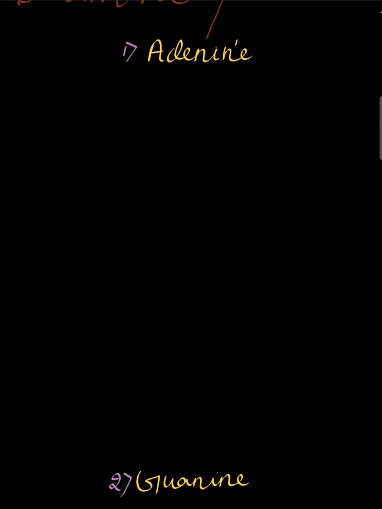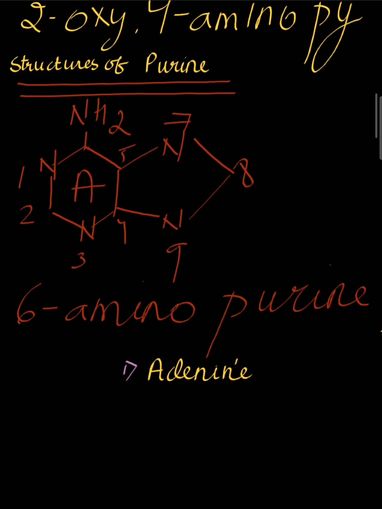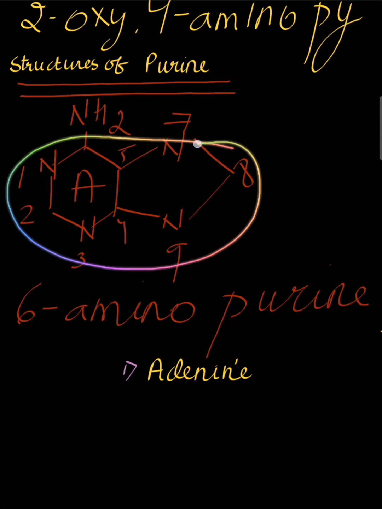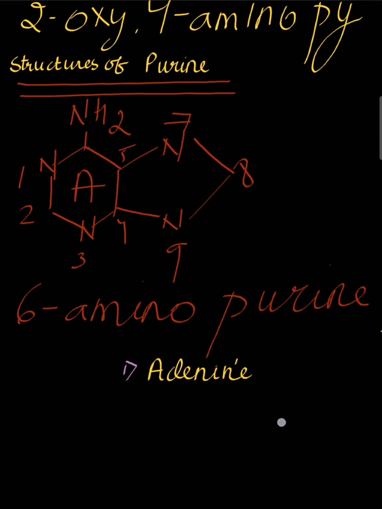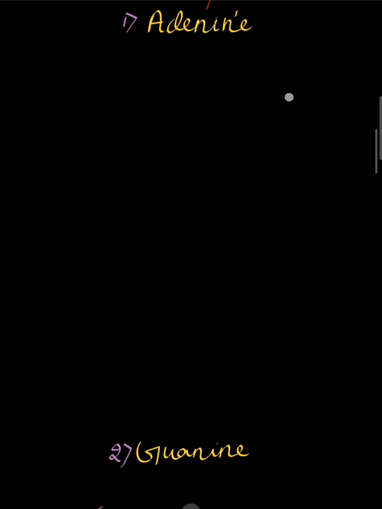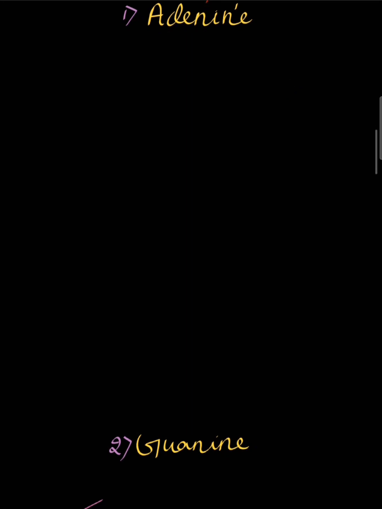So everything is the same, the ring structure, everything is the same. This is the nucleus of the purine. That is the basic structure of purine. So let us draw guanine. So guanine looks like adenine.